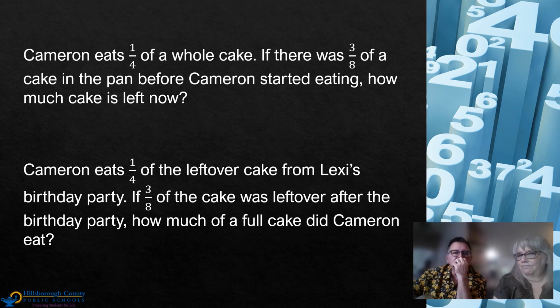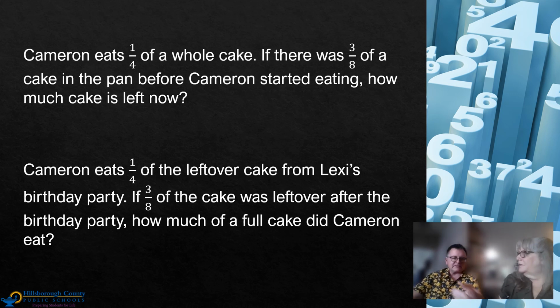You don't think so? Well, he's eating 1/4 of a whole cake. Okay, and there was 3/8 of a cake in the pan before Cameron started eating. So if there was 3/8 there, and he ate 1/4 of the whole cake, we're taking 1/4 away from the 3/8 to see how much is left in the pan now.